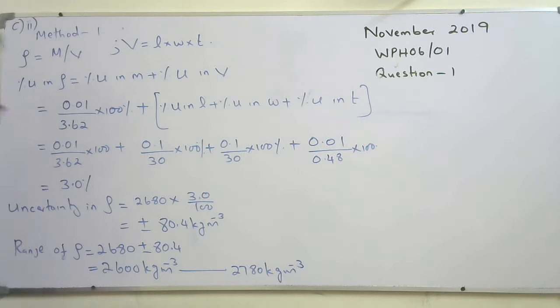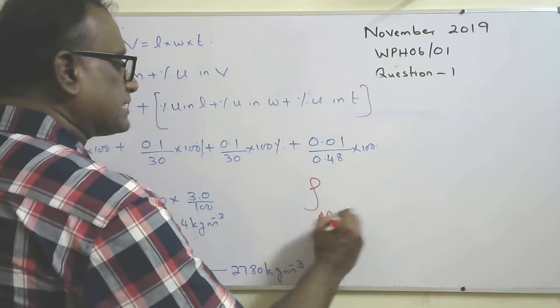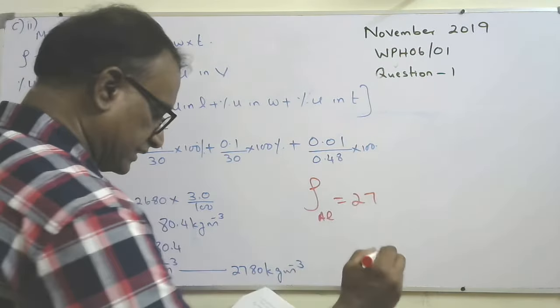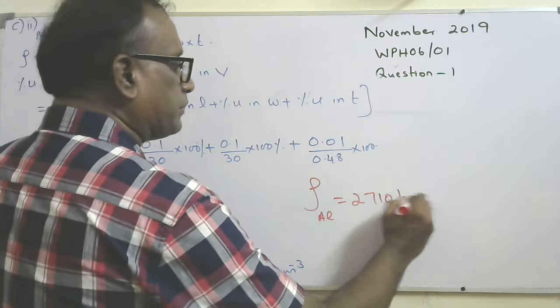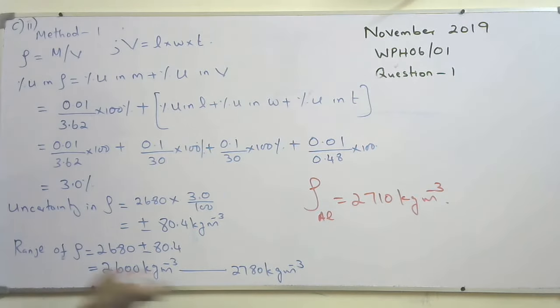But the given value of the density of aluminium is 2710 kilogram per meter cube. Okay, so this value is falling within this range. You can see the density of the aluminium is this much.